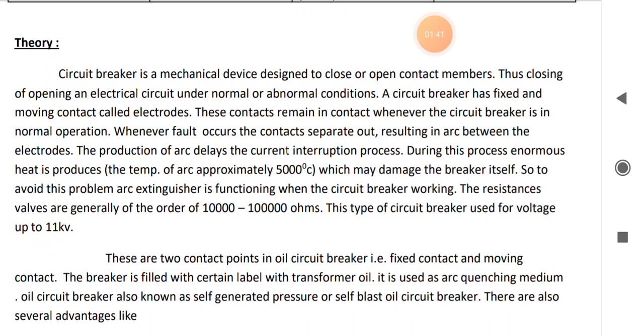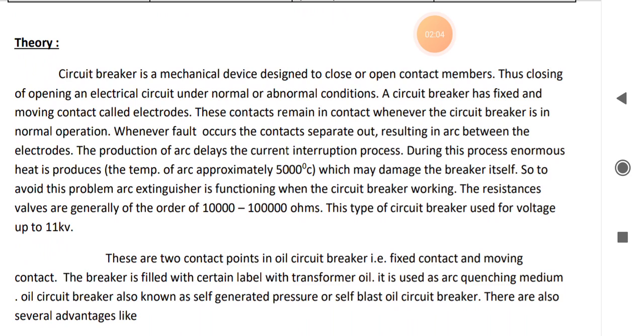Whenever a fault occurs, the contacts separate out, resulting in an arc between the electrodes. The production of arc delays the current interruption process. During this process, enormous heat is produced.